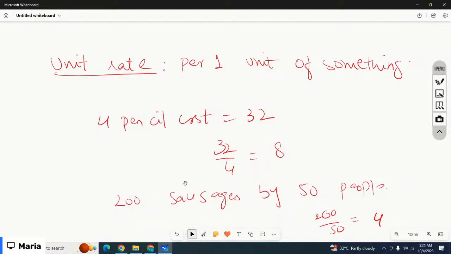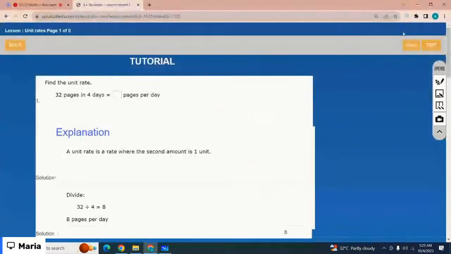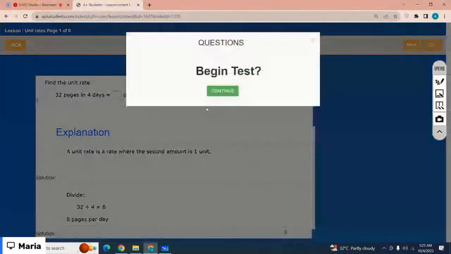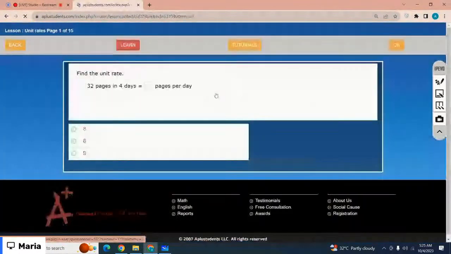Okay, let's just start with the practice questions. 32 pages in 4 days. How many pages per day? Which is the correct option?